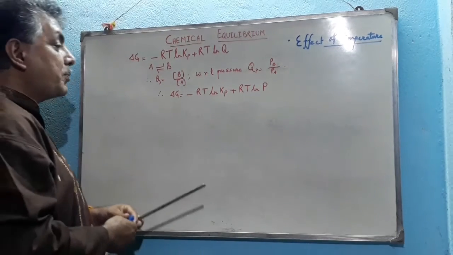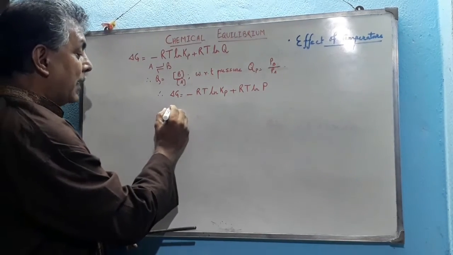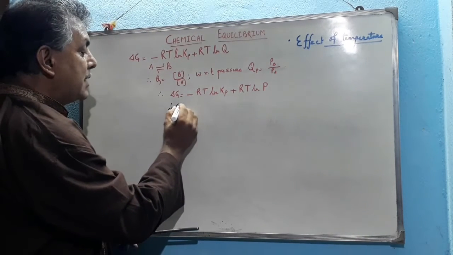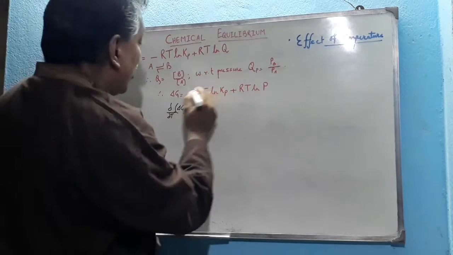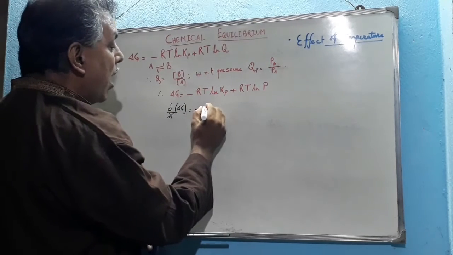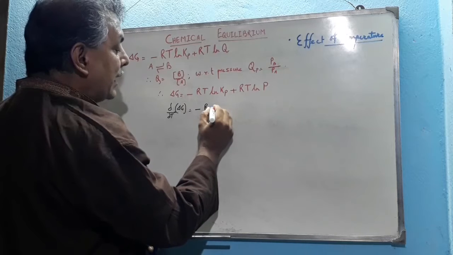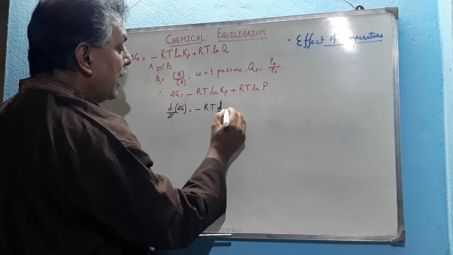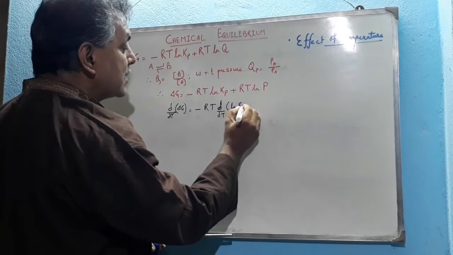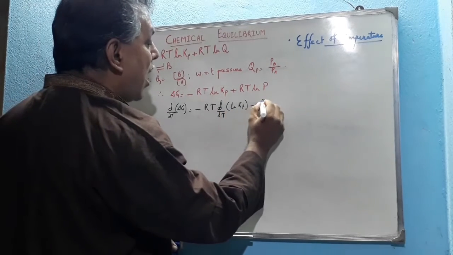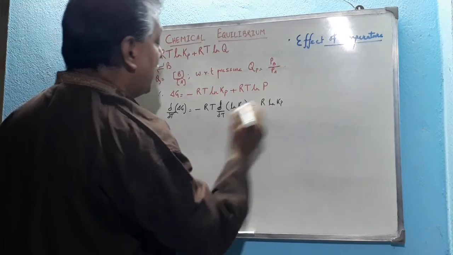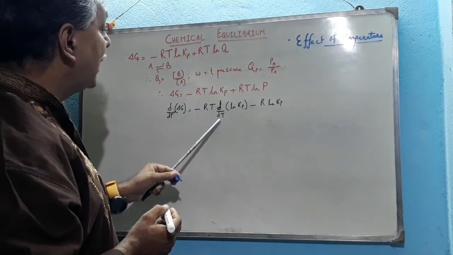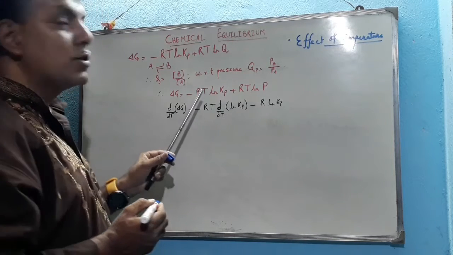Now, if we differentiate this with respect to the temperature, del T of del G, it becomes minus of R ln Kp minus RT del T of ln Kp, because R is the molar gas constant, so it is always constant.